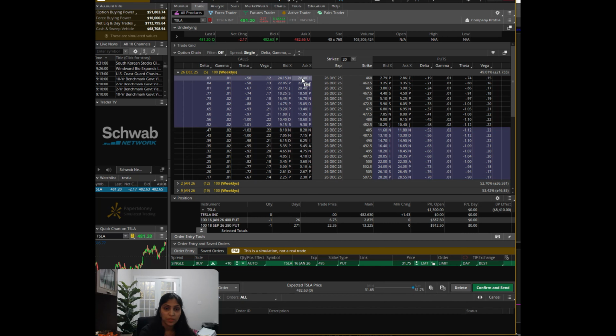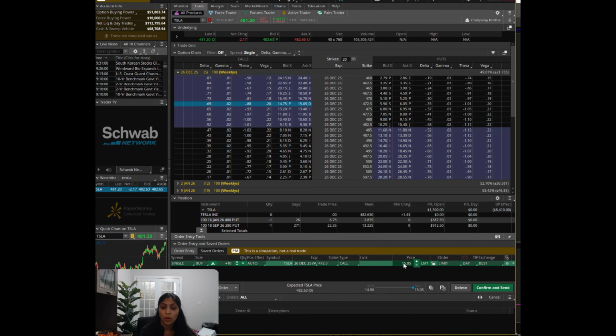These are the premiums. If we think Tesla stays above 472, and I'm strong at this price, then I can go with this contract. If you choose this contract, we need to pay 15.5, which means times 100.